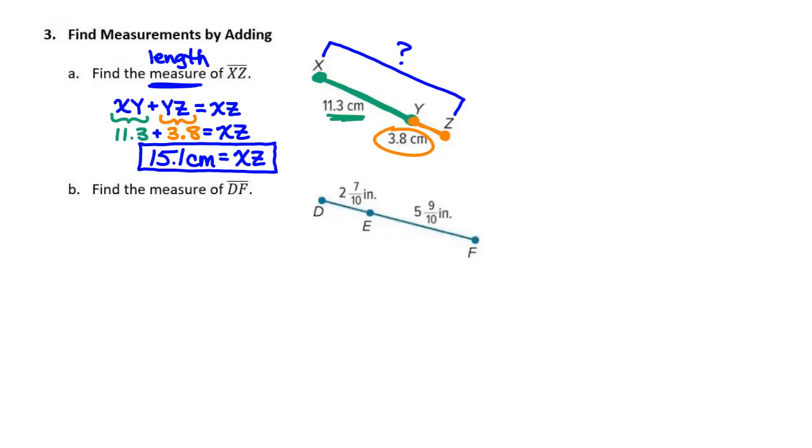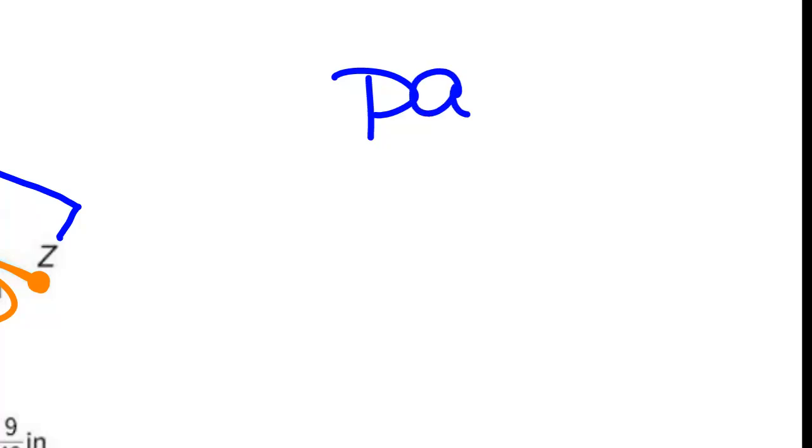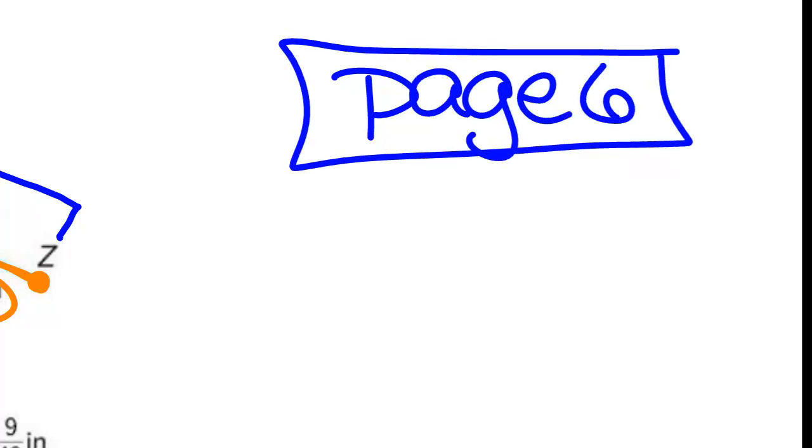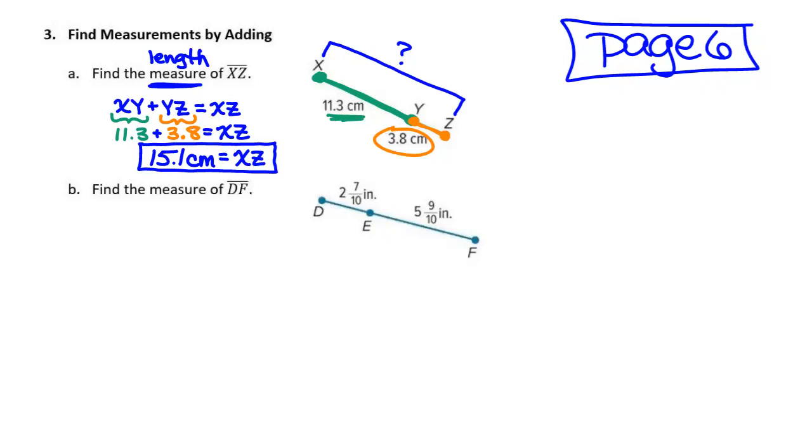All right, picking up where we left off yesterday. We were practicing with our segment addition postulate, what in the notes at first got called the betweenness of points.